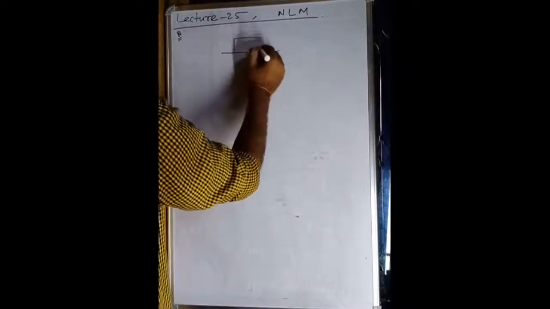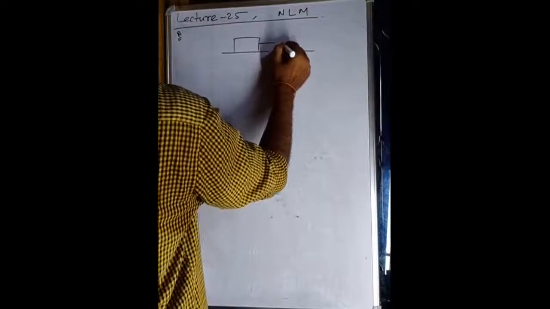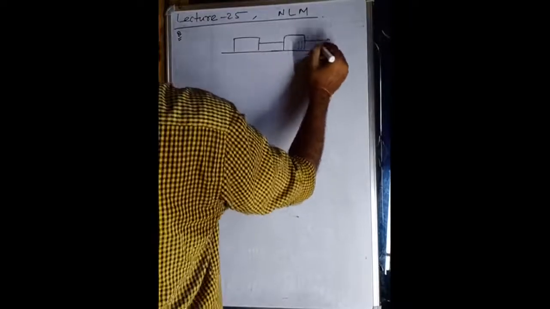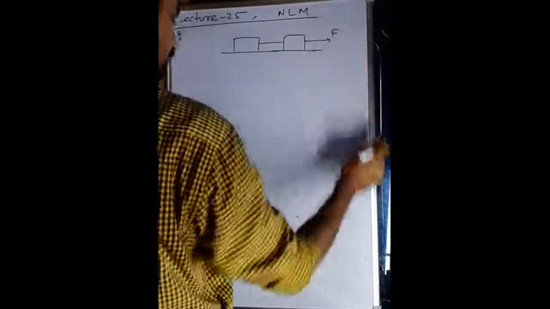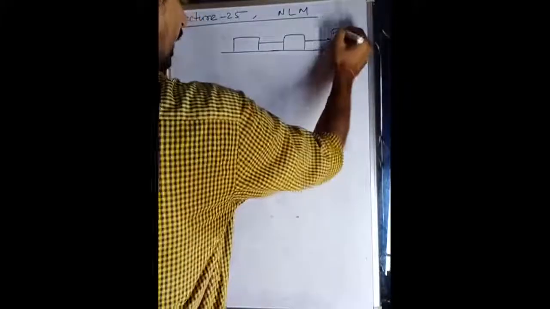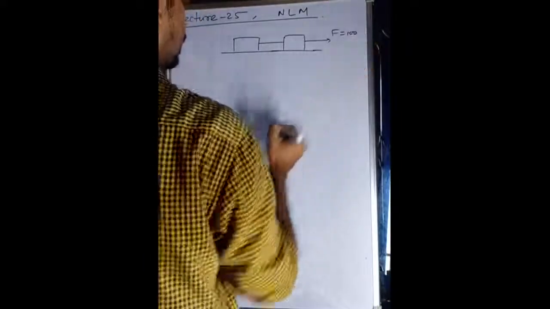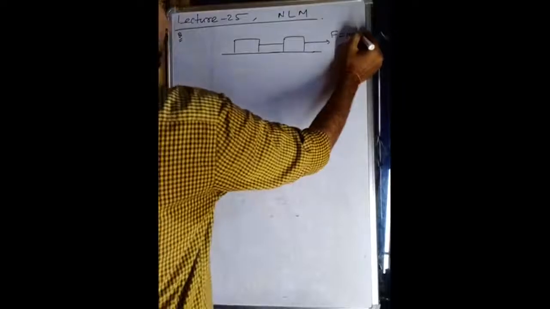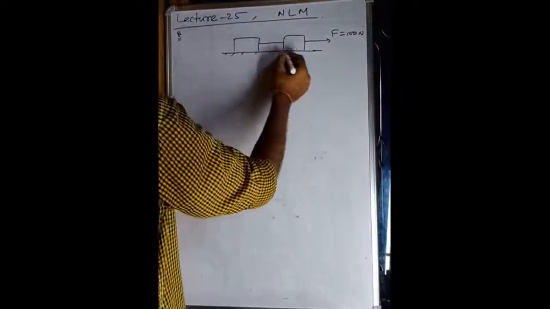Here, two bodies are connected with a string and a force F is given. Suppose F is 100 Newton. The surface is smooth; we will study the rough surface, that is friction, also.